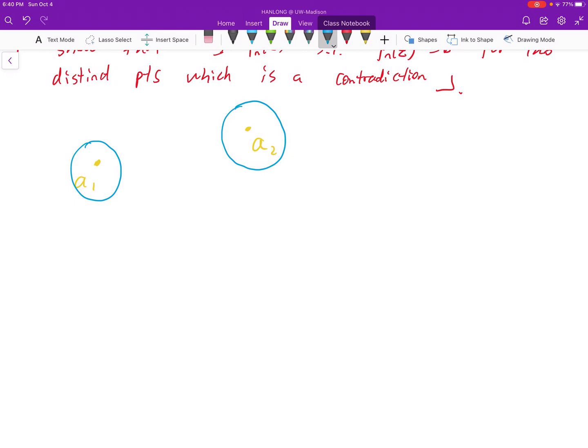So let's call these a1n, a2n, such that f(a1n) equals b and f(a2n) equals b.